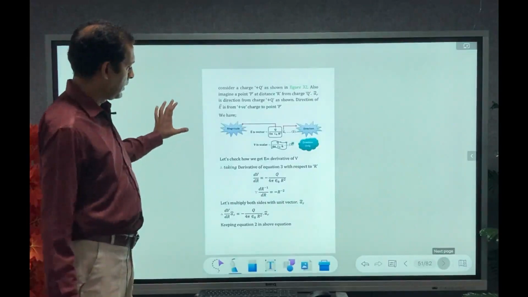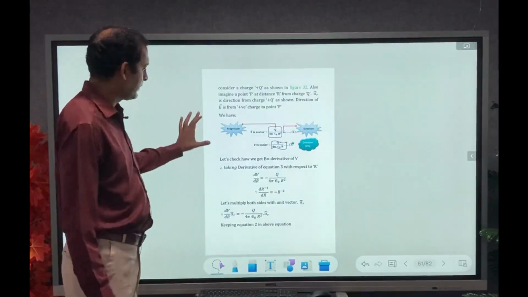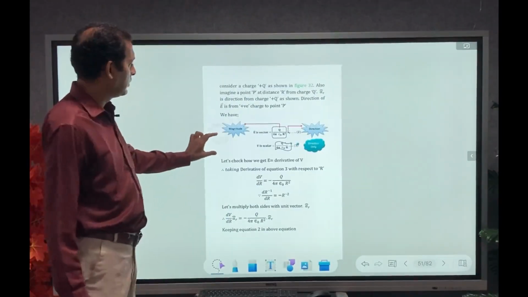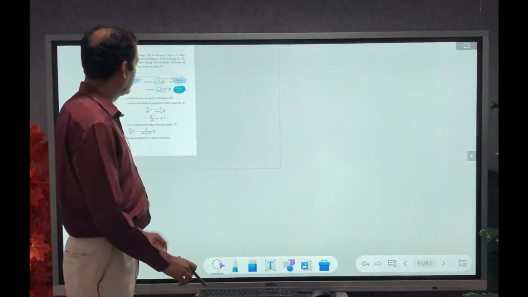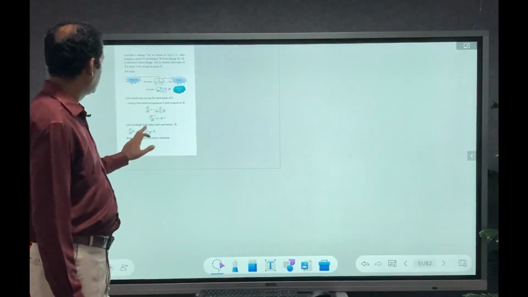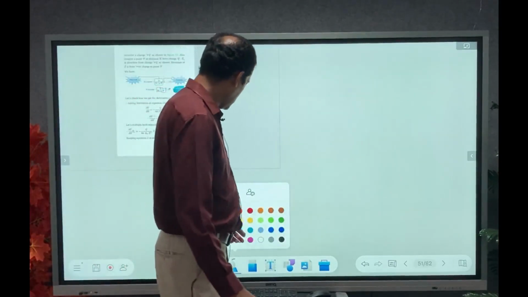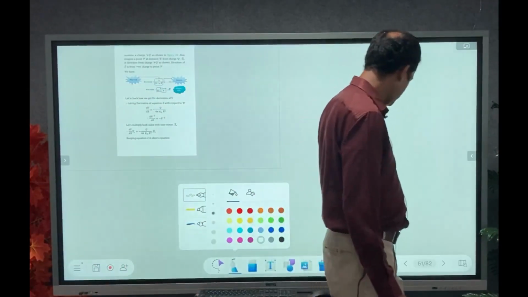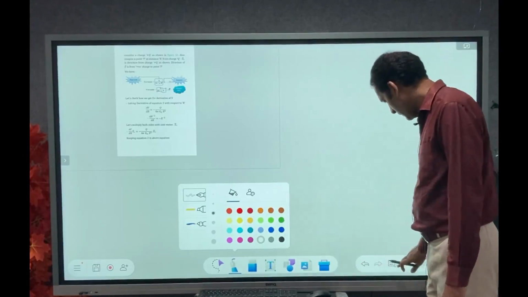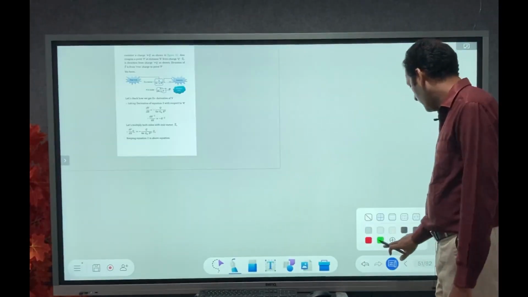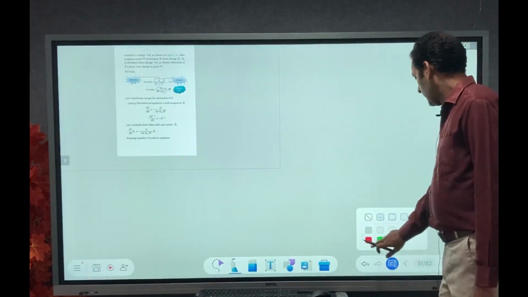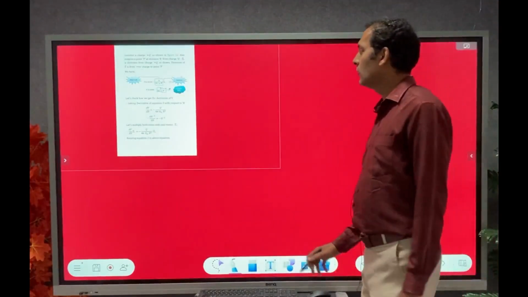So now let us check the units. So the unit for this potential. Fine. So what we have?